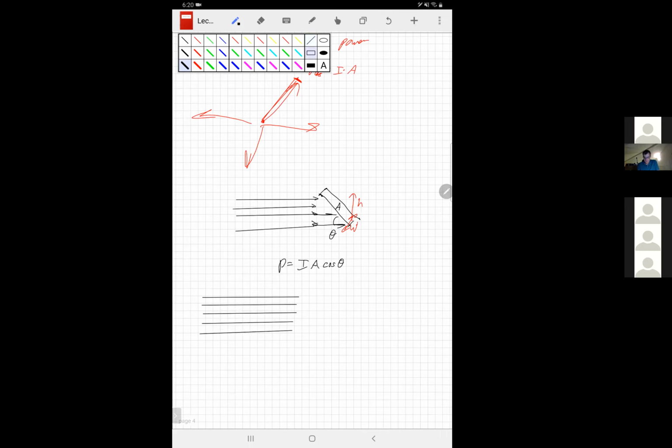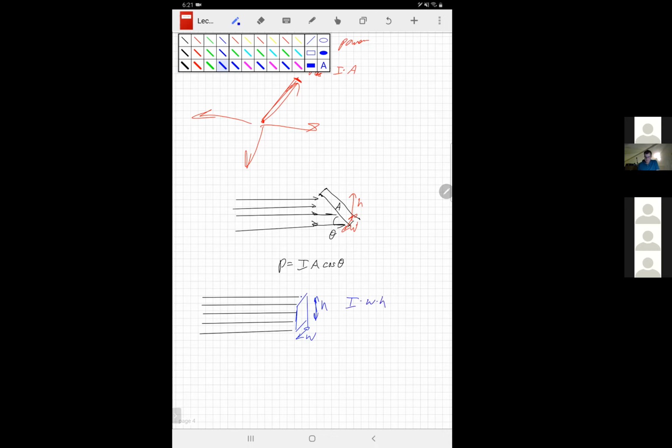Intuitively, we know that if we've got it so that the full height of it is presented to the rays, it's head on.